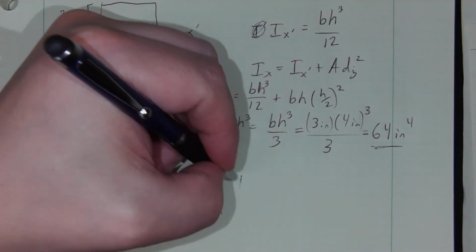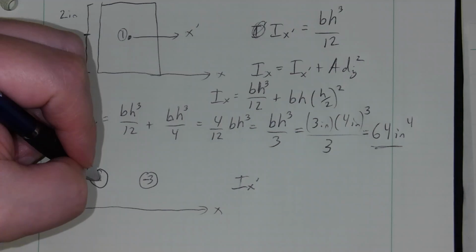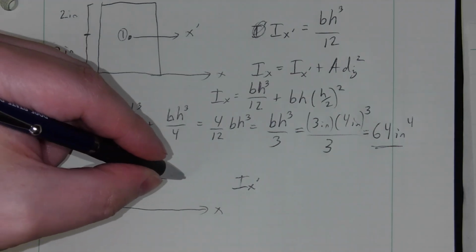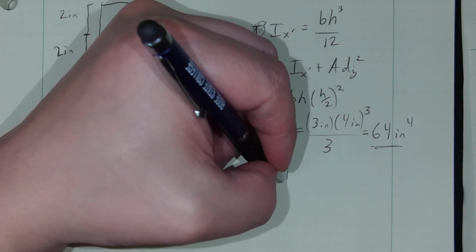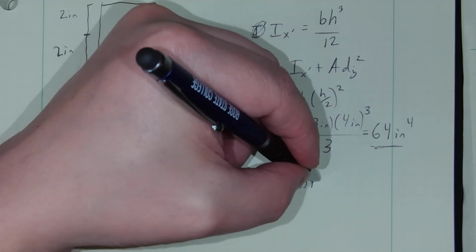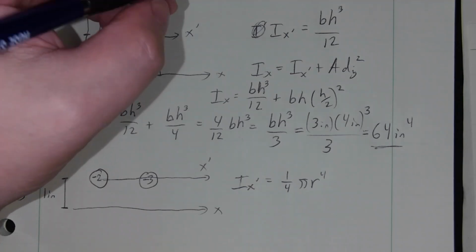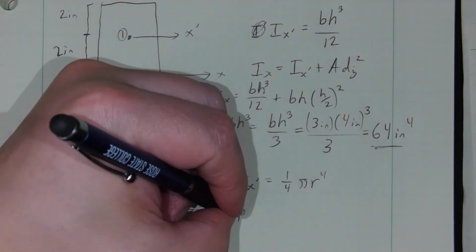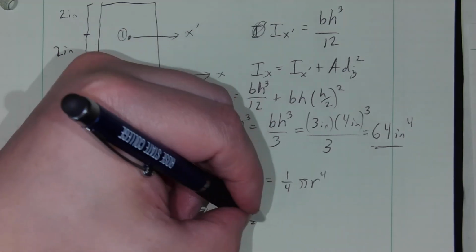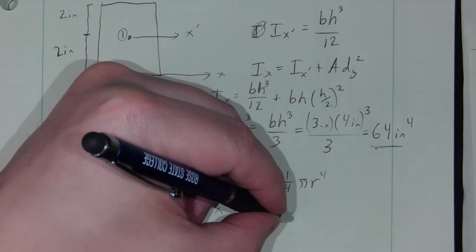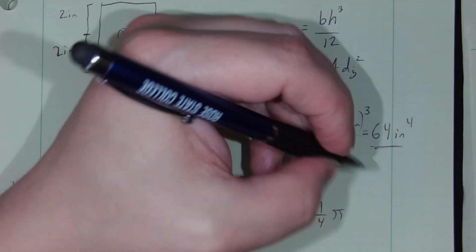All right, moment of inertia about the centroid axis. That would be up here, x prime. For a circle, it's going to be 1/4 pi r to the 4th. So Ix prime for 2, which is going to equal Ix prime for 3, is going to equal 1/4 pi.